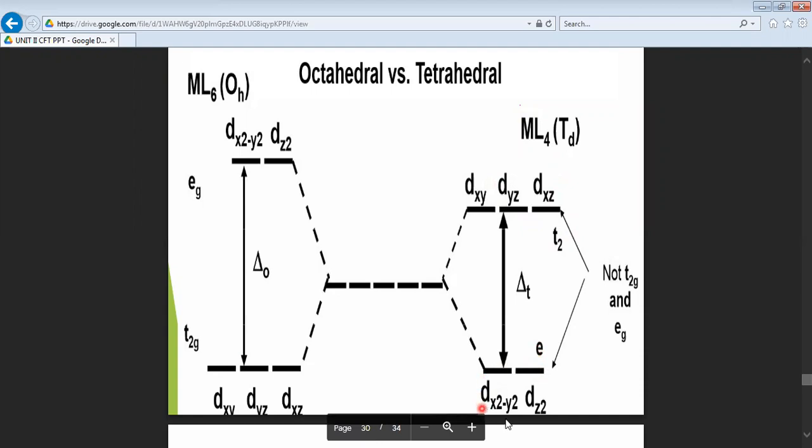The remaining, dx square minus y square and dz square, are lower energy.